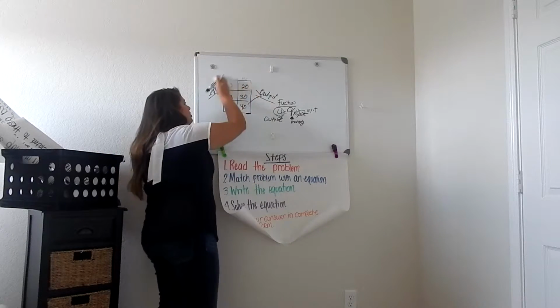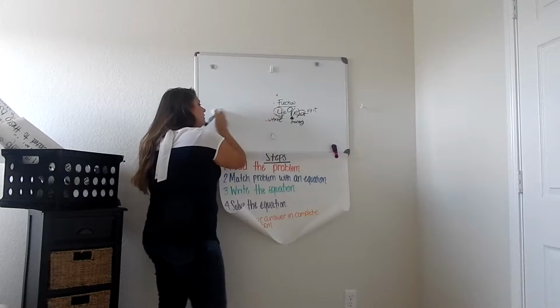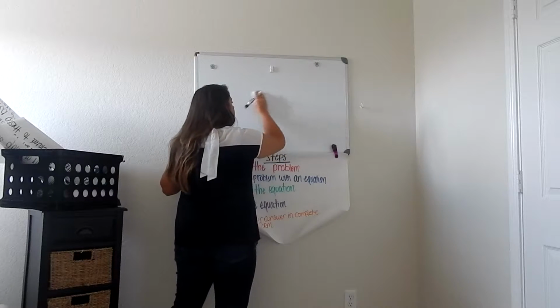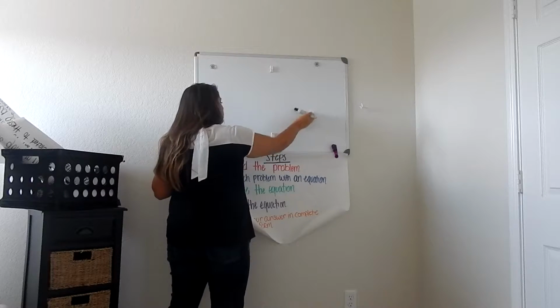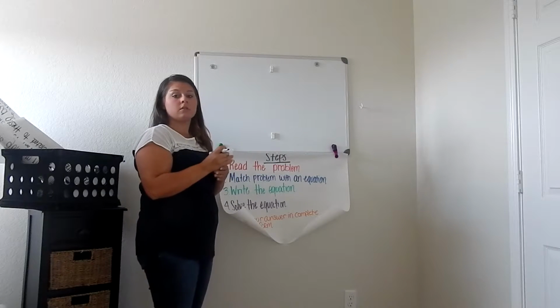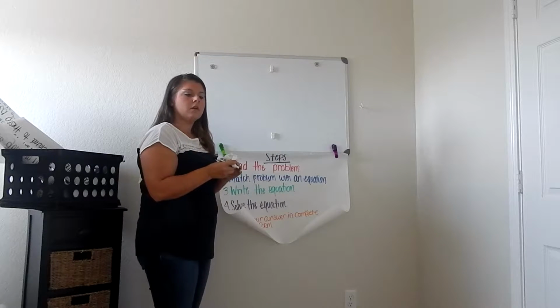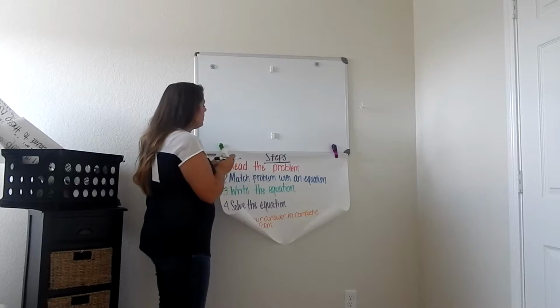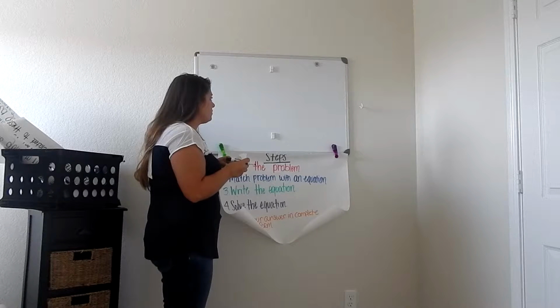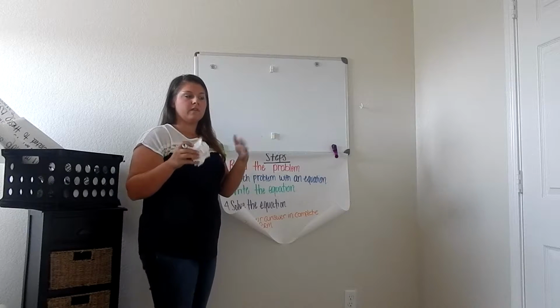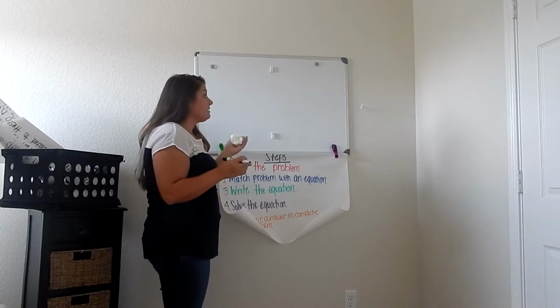Do I have any questions? Questions about functions, inputs, outputs? Sally, you have a question? Her question was, are the input and the outputs relative to the x and y coordinates? Yes, they are.